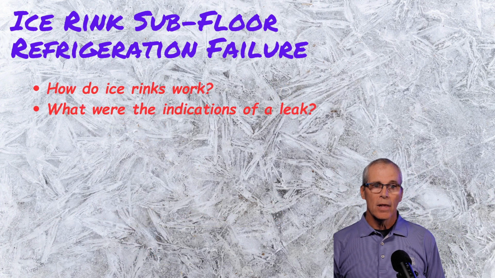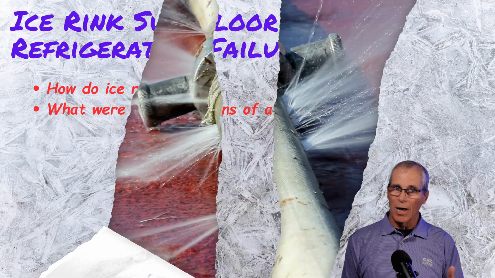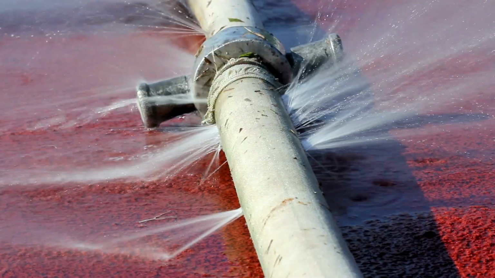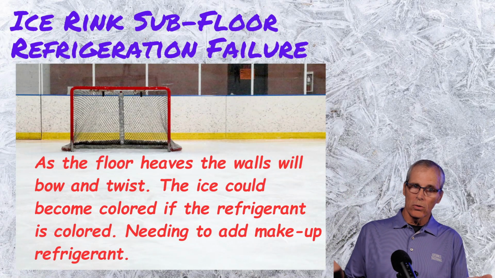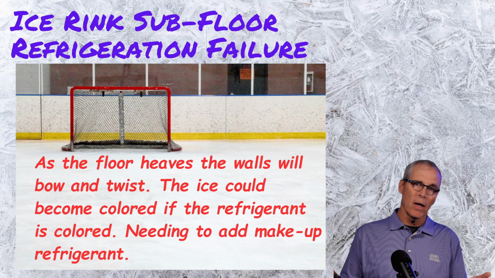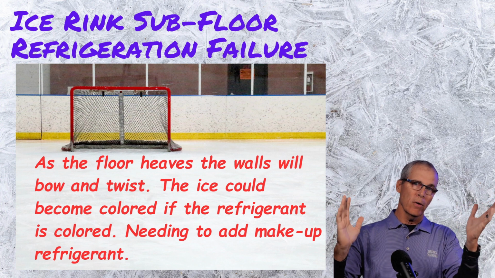All right. Now, what were the indications that this system was leaking? How would they have detected that they had a problem with that heating system? Well, as the floor heaves, those walls, the barriers around the ice rink, will tilt, and they'll move, and they'll warp, and they'll get out of position.